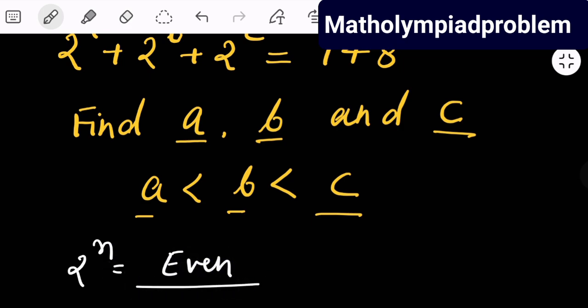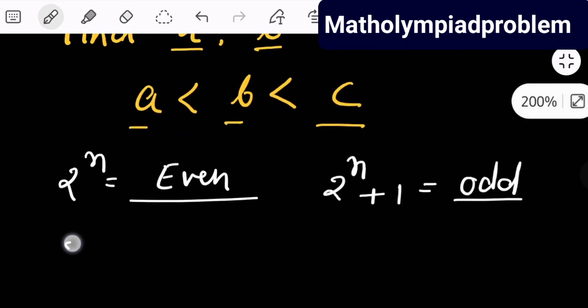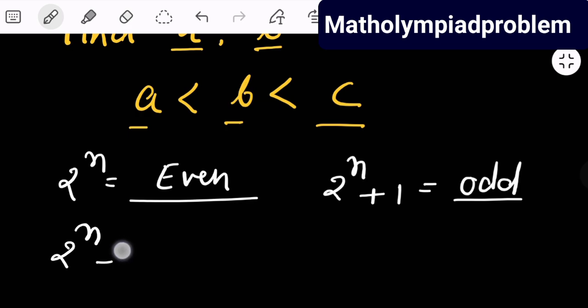You need to learn this concept, the first and very important. Second, whatever the power n, if you add 1 to 2 raised to n, this will be odd. The second one, very important. Same way, if you subtract 1 from 2 raised to n, you get odd.